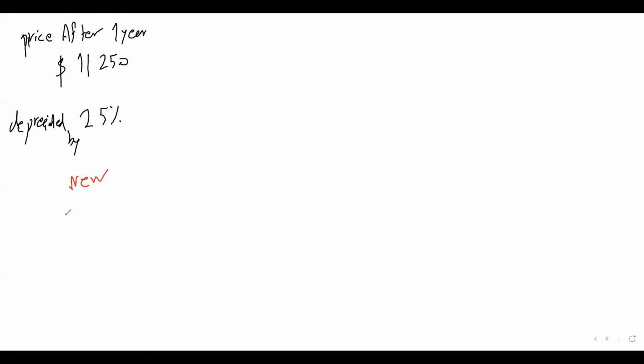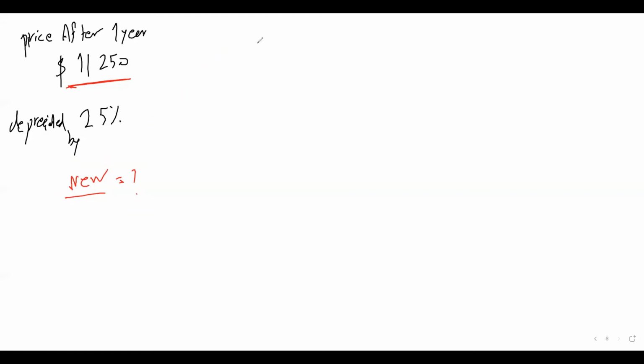So last year. This is the price after 1 year. So last year when you bought it, when it was new, how much was the price? If I use the words old and new, you might get confused because this new does not represent the present moment, guys. Remember that.